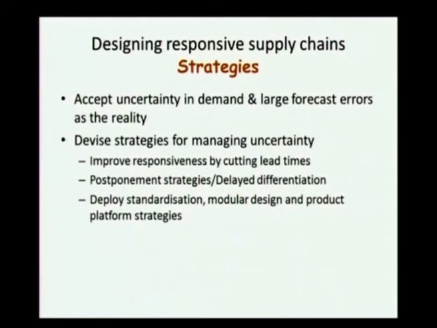But what is also needed here is to improve responsiveness by cutting down lead times, use postponement strategies and delayed product differentiation strategies, and deploy modular design and product platform strategies. And in all these we will realize that the focus is more on reducing the time taken to produce, as well as to be able to produce a variety.